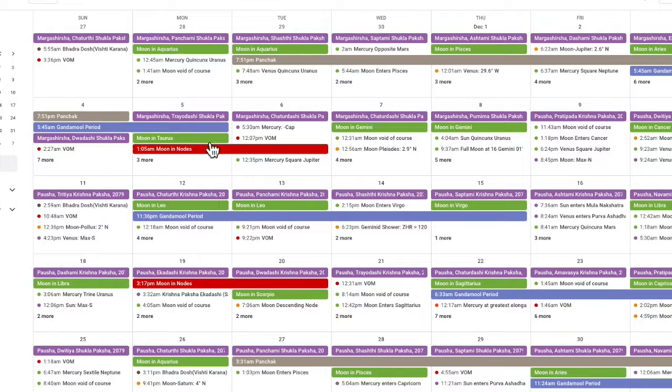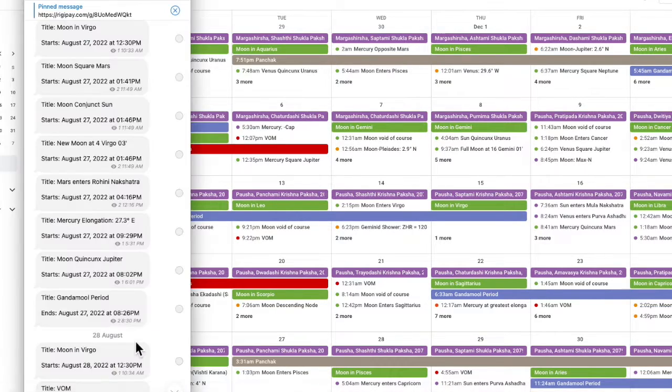The same alerts which you see in this Google Calendar are also available in the form of Telegram alerts. This Telegram channel is available for subscription. As you see, this channel warned me of the event which was coming, the Mercury elongation on 27th of August at 9:29.